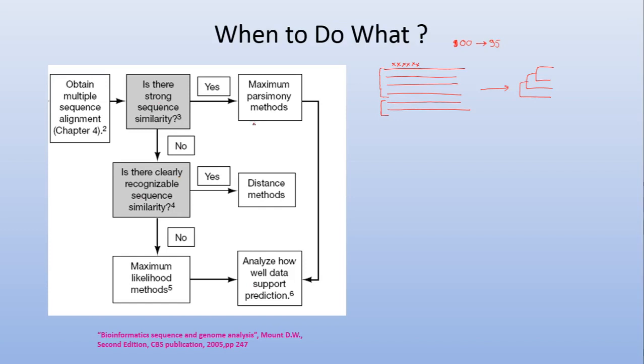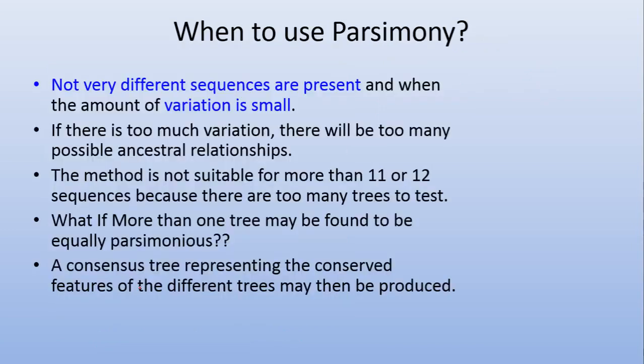Based on the sequence conservation and the number of sequences present in your multiple sequence alignment, you would select an appropriate tree reconstruction method, which can be either a character based method or a distance based method. Now let us discuss in brief the different features of these tree reconstruction methods.